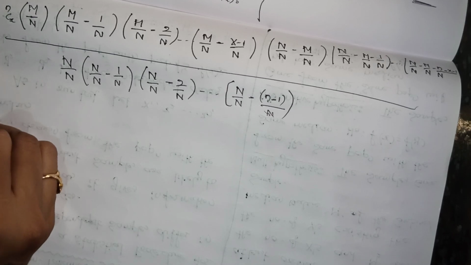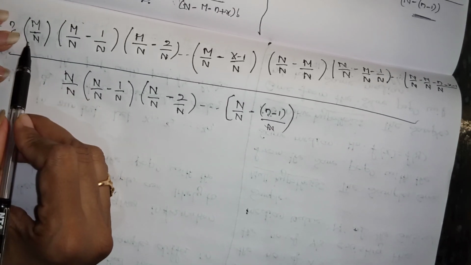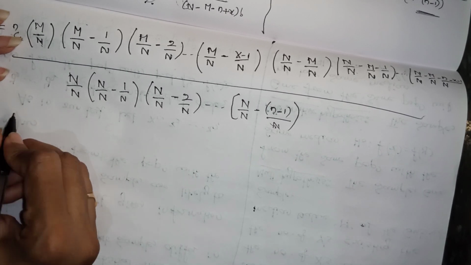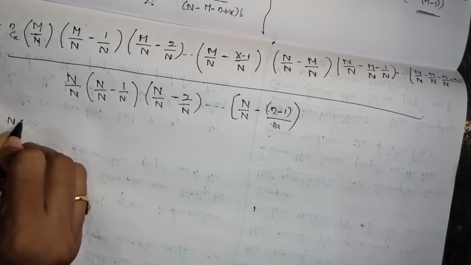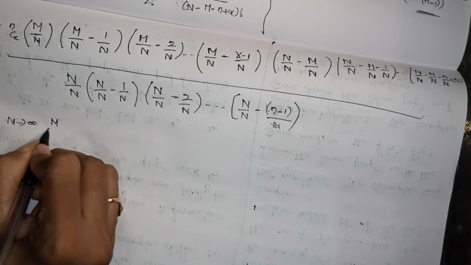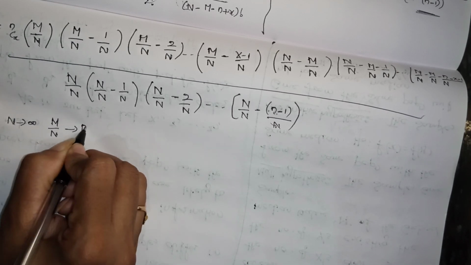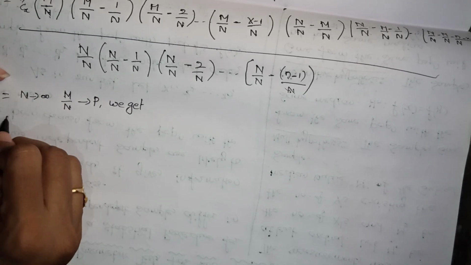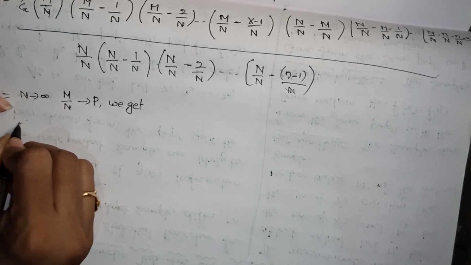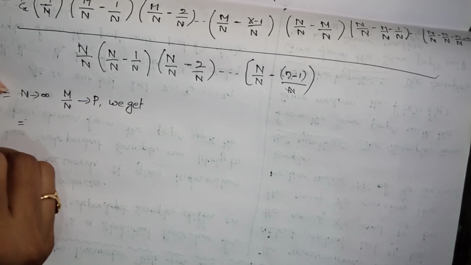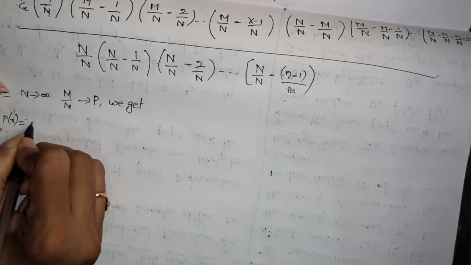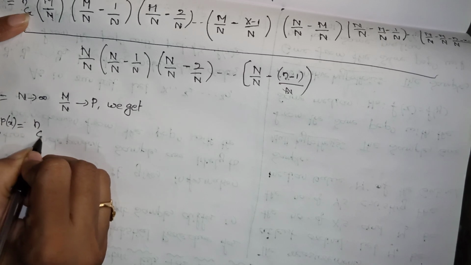Okay, so now what we have to do is, wherever we get m by n, there we have to keep P, so that as n turns to infinity and m by n turns to p, we get limit, first n turns to infinity, p of x equals nCx.